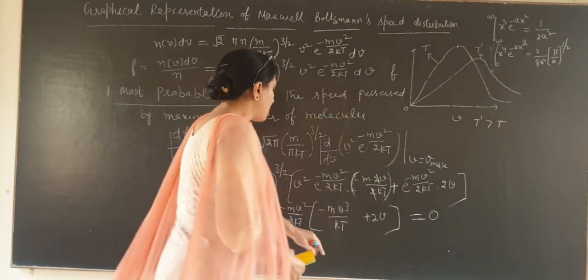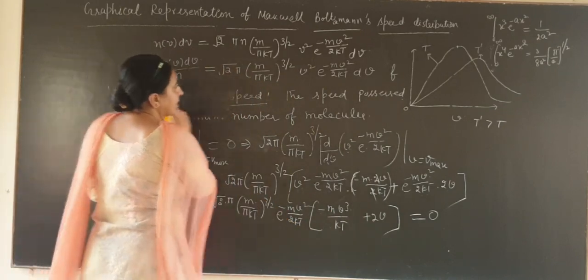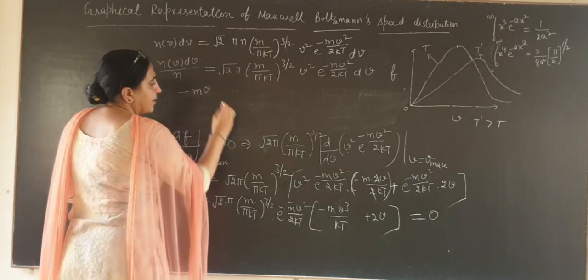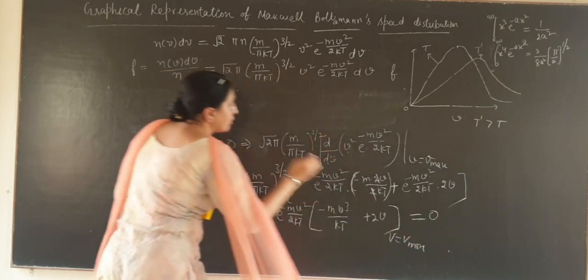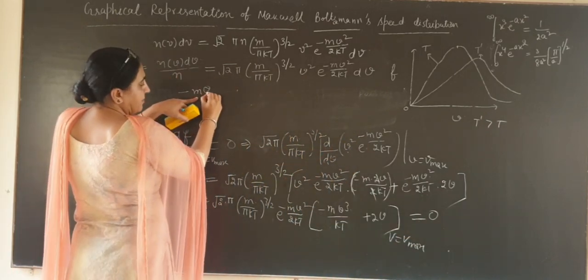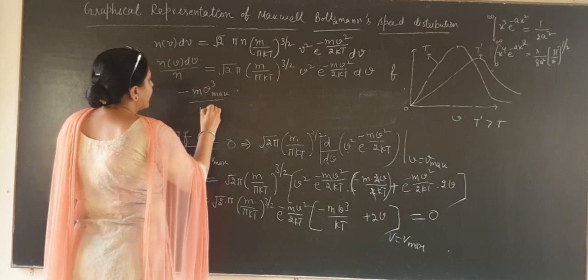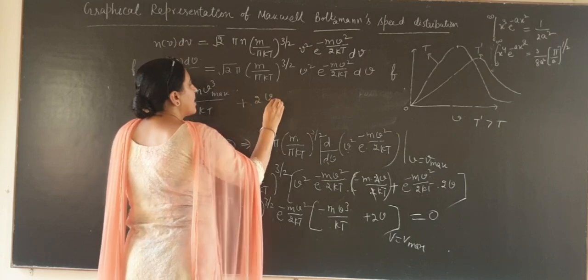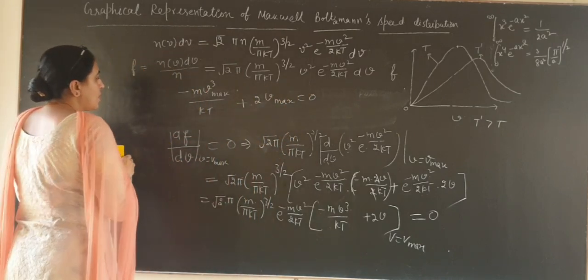When this term is equal to 0, what do we get? Minus m, and we have to put v equal to v maximum: minus m v maximum cube divided by kT, plus 2 v maximum, equal to 0.